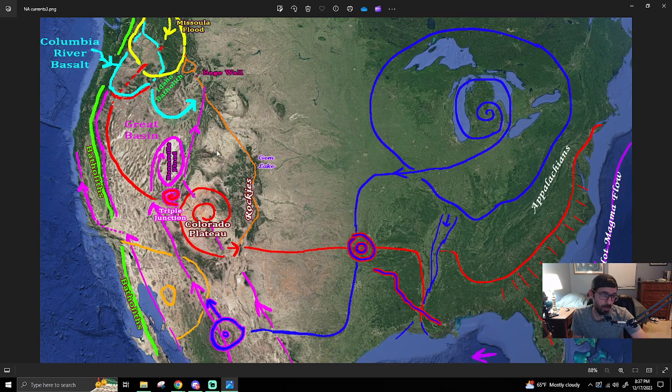But what I have drawn is this purple current that I just kind of drew at a width, flowing through here with a far eastern margin of the current where these mountains are, that just flows up this way through the Colorado Plateau and over here, and then up this way and over this way.